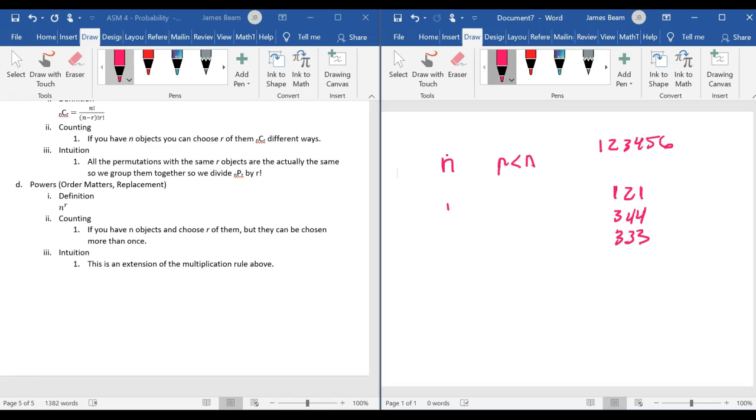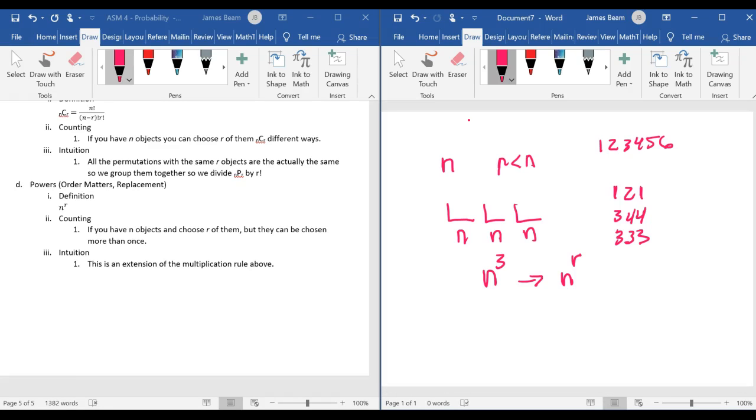So you visualize it as the first ball can come out n different ways. The second ball can come out n different ways. The third ball can come out n different ways. So this is n to the third different ways, or we visualize it as n to the r, right? So in this case, the order in which the balls come out matters, right?